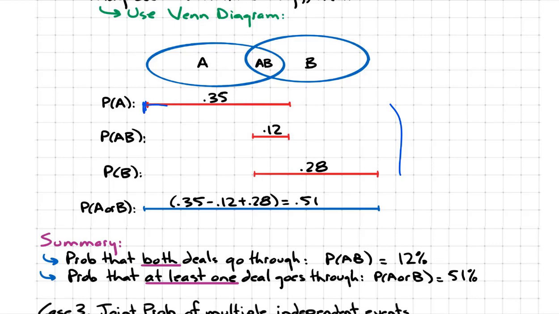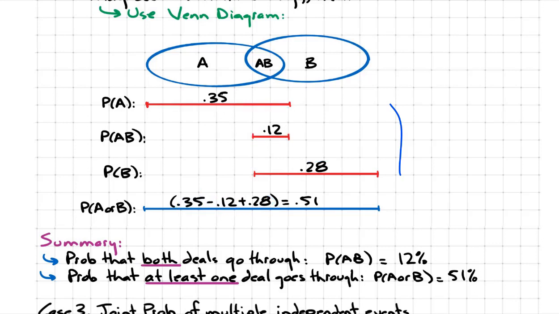So starting from here, going there, that's your 35. But then you can see there's duplication. So basically follow the lines I'm drawing, come like this, right? So subtract the 12, and then you're back to here, and then you complete the rest of the journey by adding 0.28.